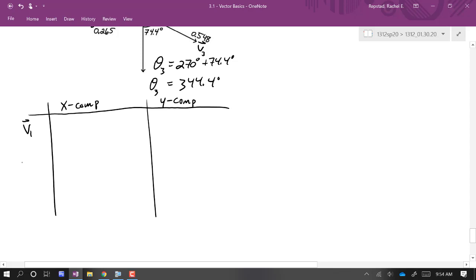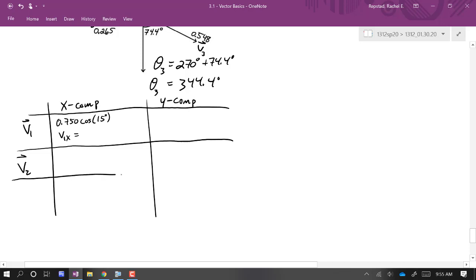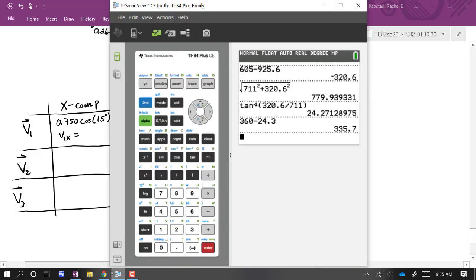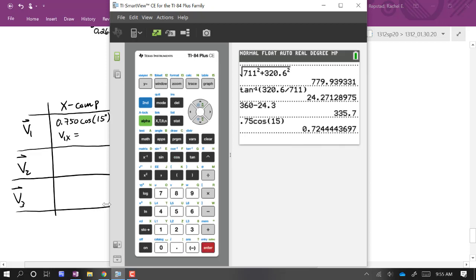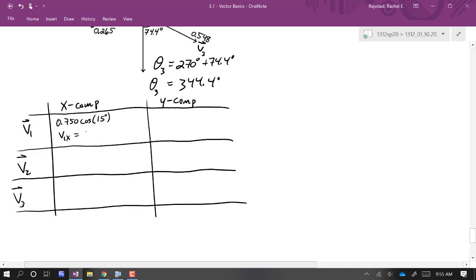For V1, we're going to do 0.750 cosine of 15 degrees. That is 0.724.